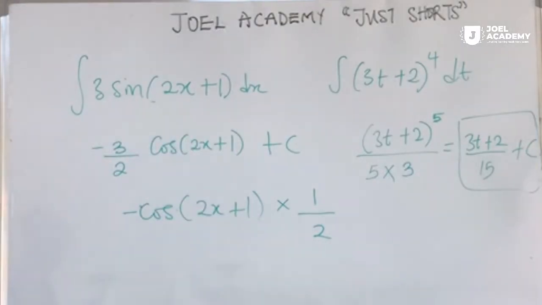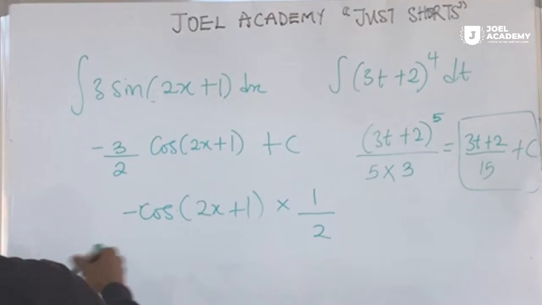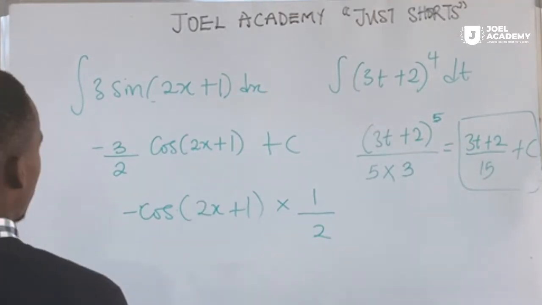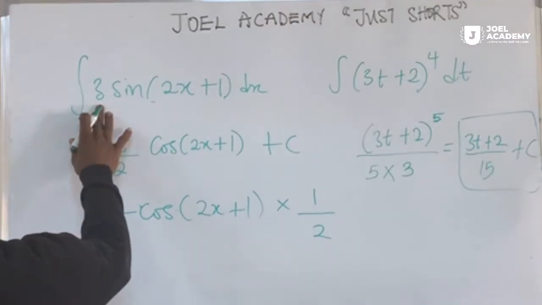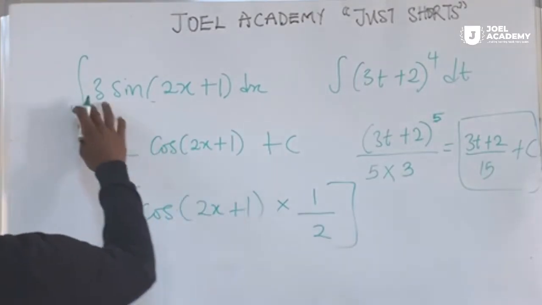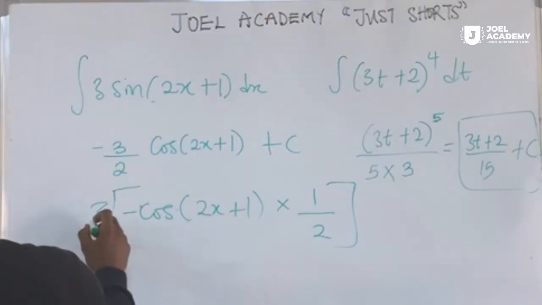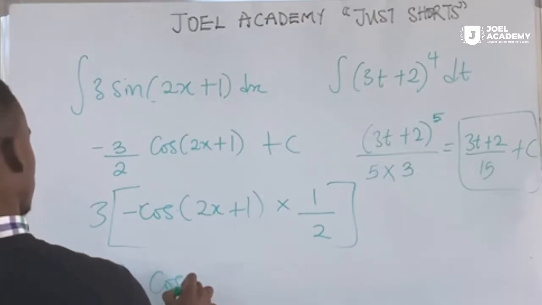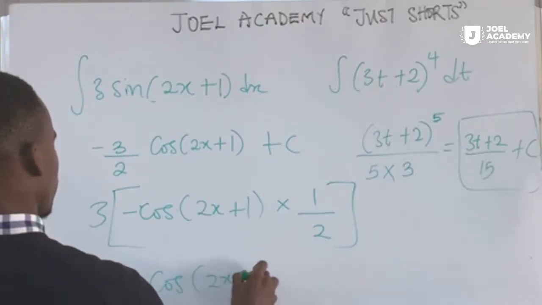And it brings us back to, okay, we have 3 here, so let's not forget that everything is multiplied by 3, since we have 3 sine. So it gives us minus 3 over 2 cos of (2x plus 1).